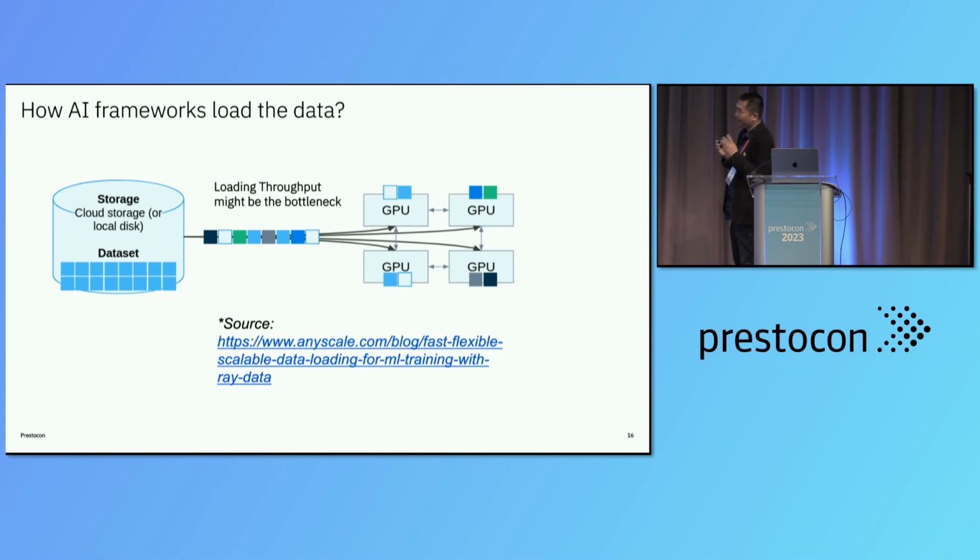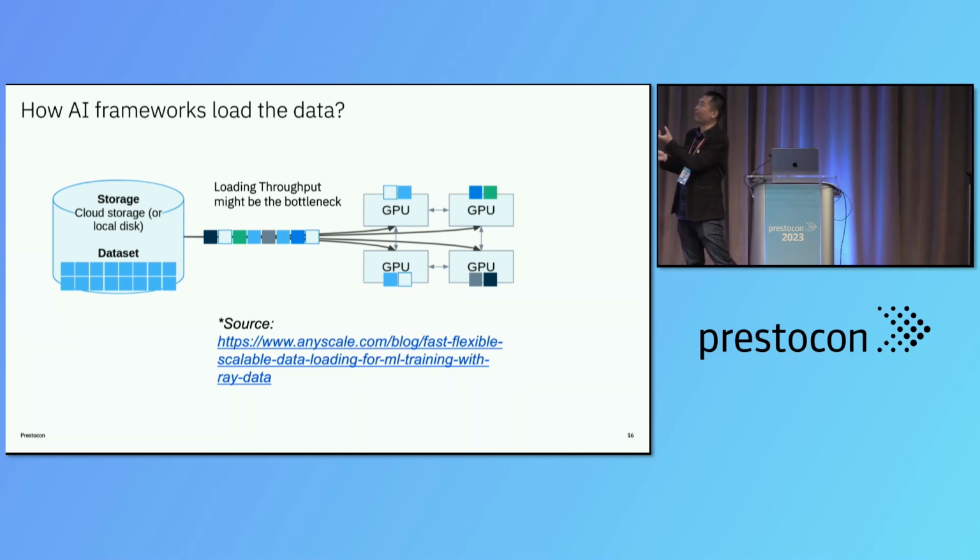So in this case, you can see it's a producer on the left side and the consumer on the right side. If you have a super strong GPU node, or maybe multiple nodes here, the data loading can be the bottleneck. And the requirement, or we can say the SLA, for the throughput should be very high. If you have 64 A100 or H100 GPU cards there, the throughput is very high.